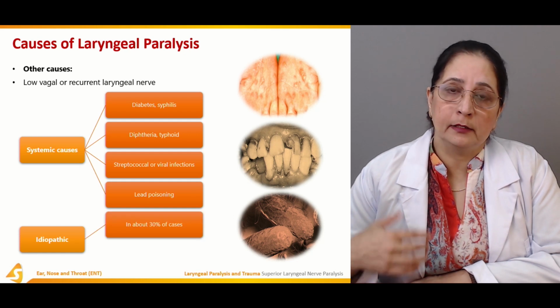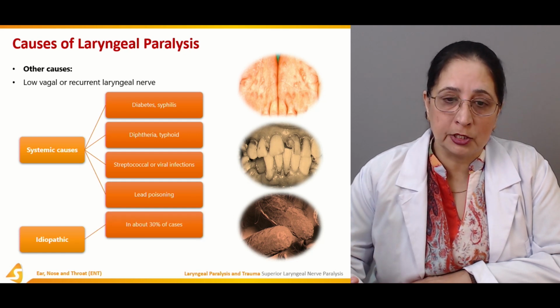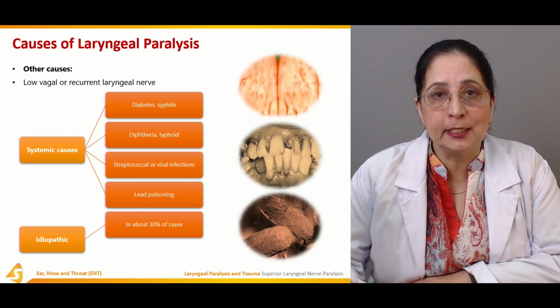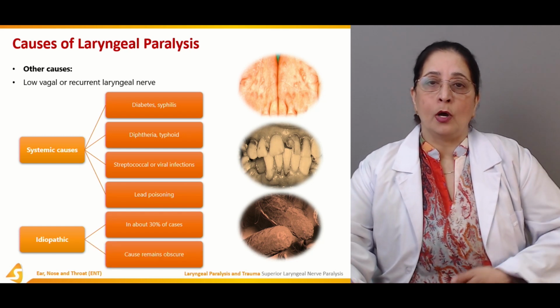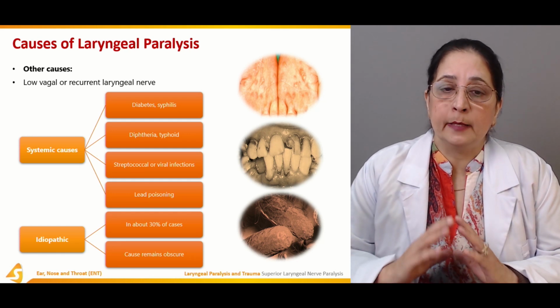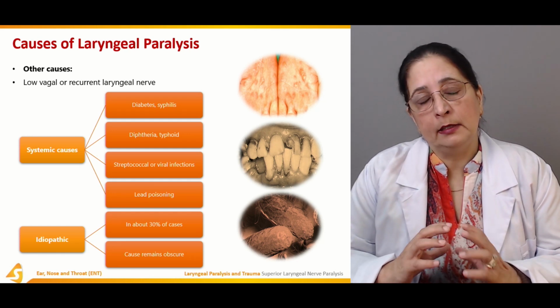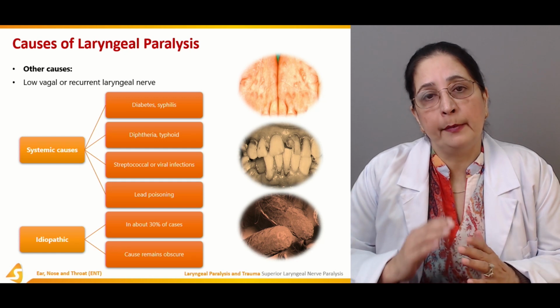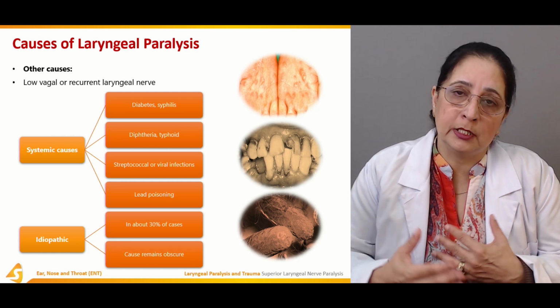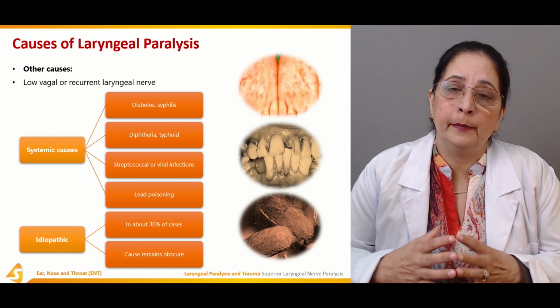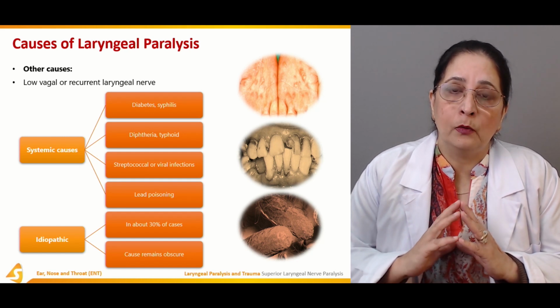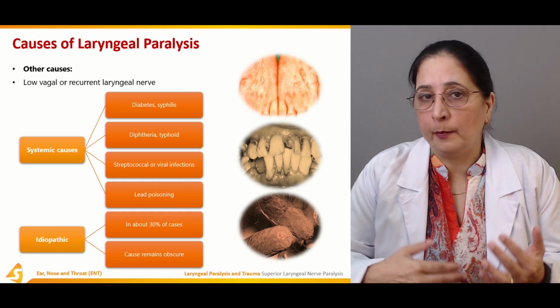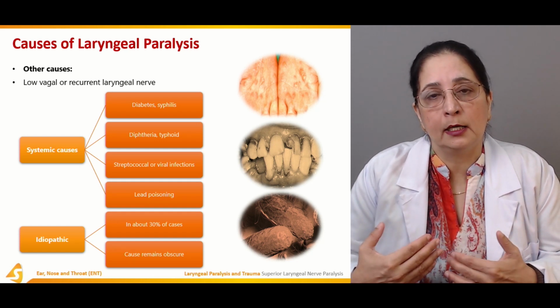Idiopathic causes are the causes in which the cause is not known, in about 30% of the cases, and the cause remains obscure. Many times, I remember seeing patients where no cause is noticed, they have a problem in the larynx and the voice is lost, and over a period of months and years, usually it comes back.